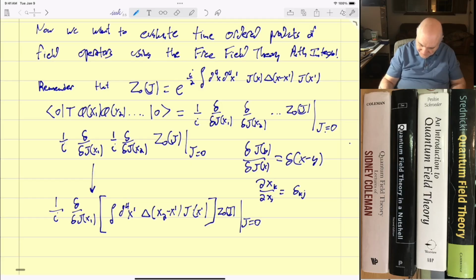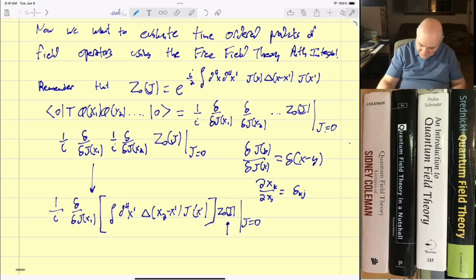That gives us the factor of Z0[J] here. Now, when we take delta over delta J(x2), we have two sources in there, but we also have a half here. It's easy to see that you get the same one. When you take delta over delta J(x2), you get a delta function, delta(x minus x2).